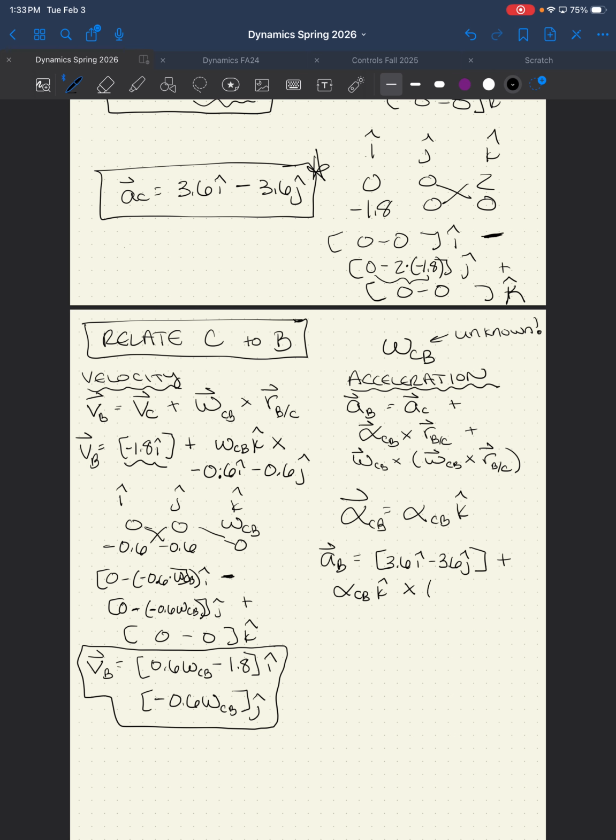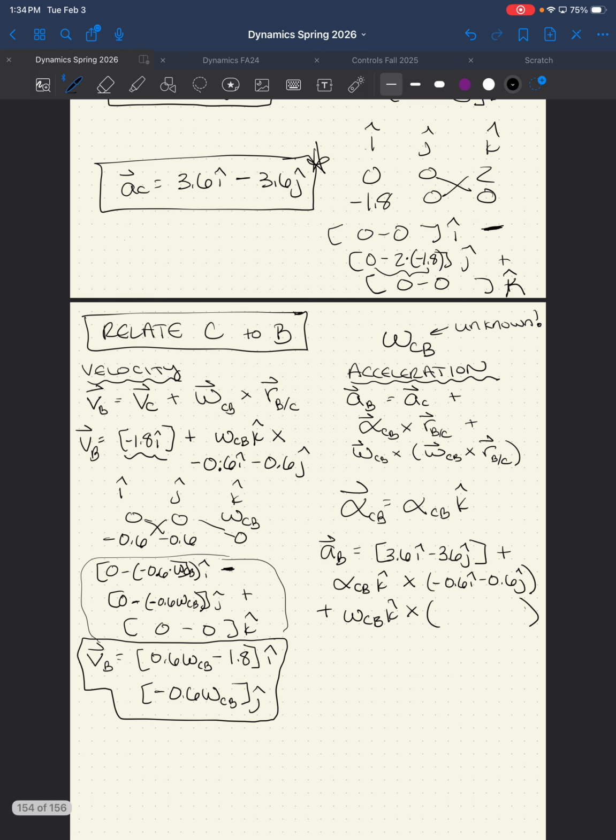For i: 0 minus 0.6 omega CB squared. For j: 0 minus 0.6 omega CB squared. For k: 0 minus 0. Okay. So the acceleration of B equals 3.6i minus 3.6j.